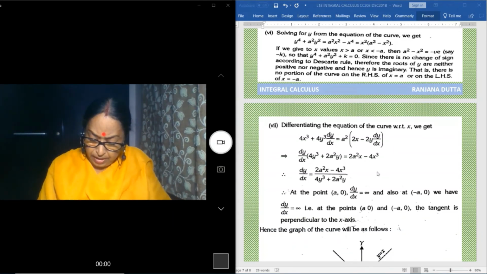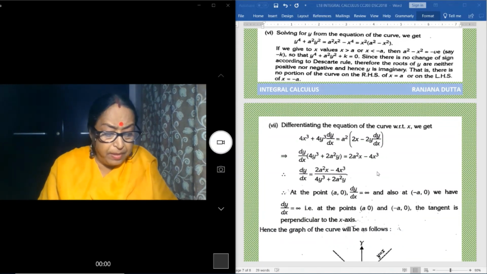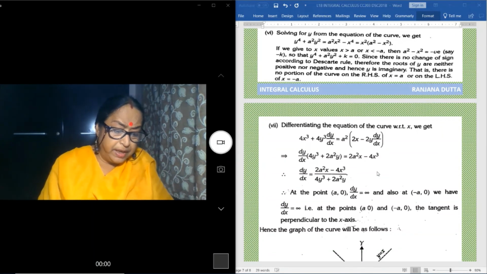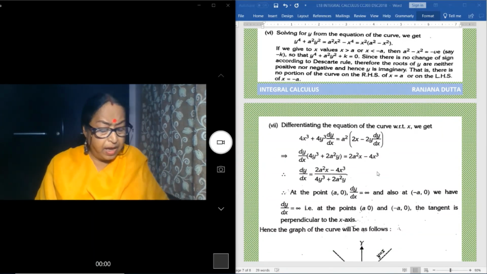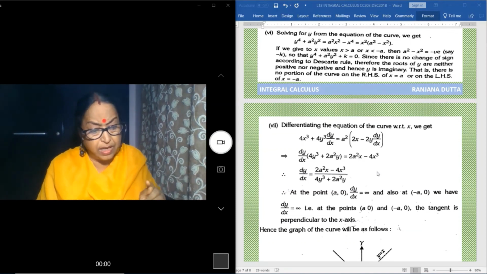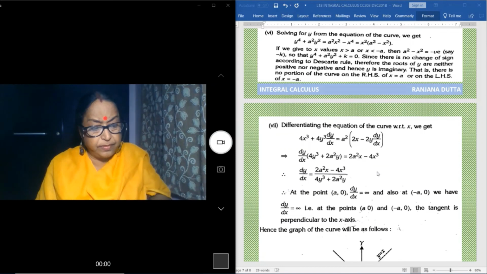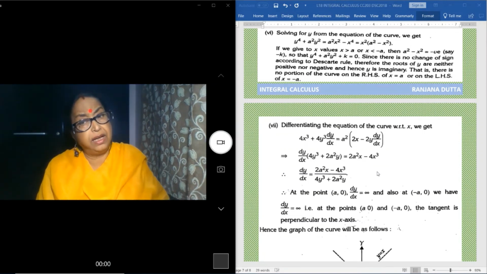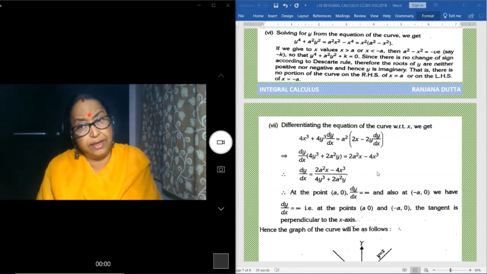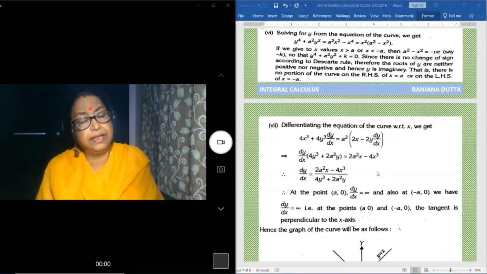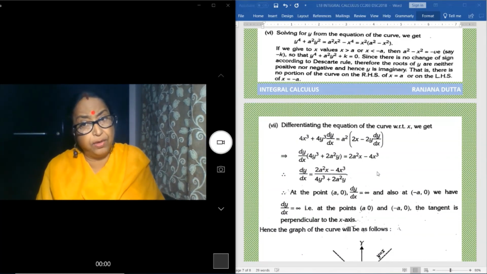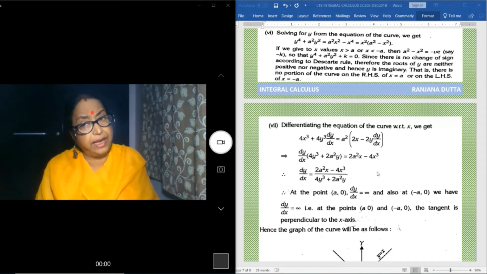So here dy by dx is equal to, at the point a, 0, sorry, on the x-axis. Not at any point we can get the tangent. By calculating dy by dx, we can get the tangent at any point. Previously I told at the origin, not at the origin, at any point.